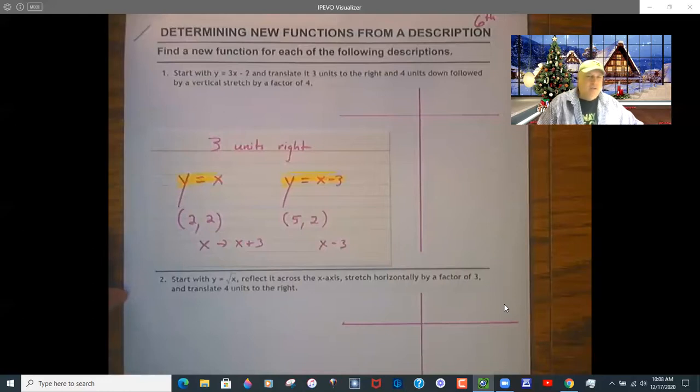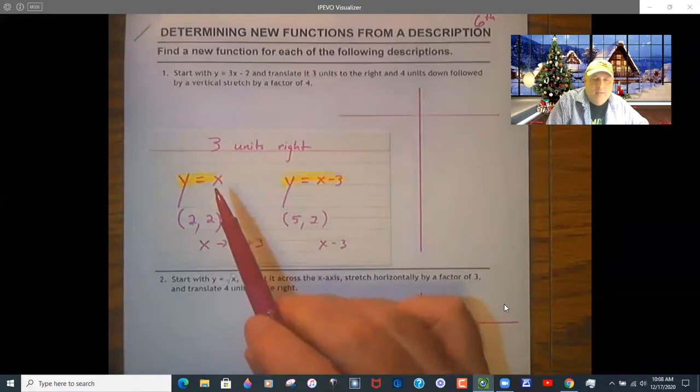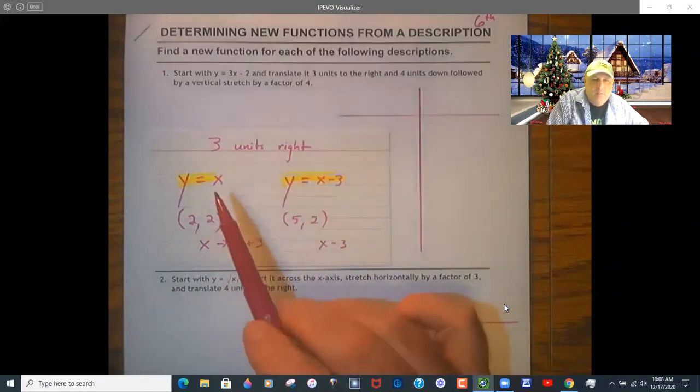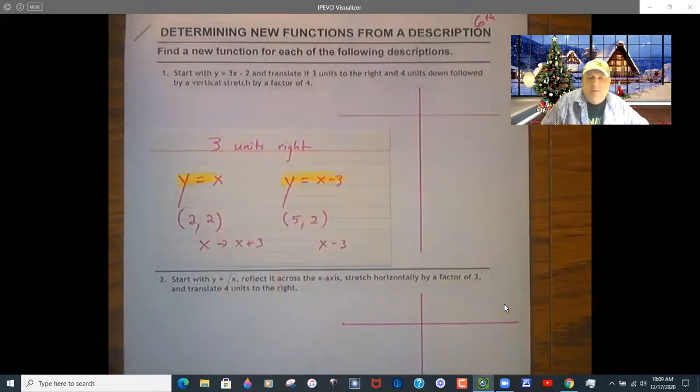To make a long story short, what's going on, and I will be as simple with my first little demonstration as possible. Let's say we wanted to take this function, y equals x, and move it 3 units to the right on the coordinate plane.